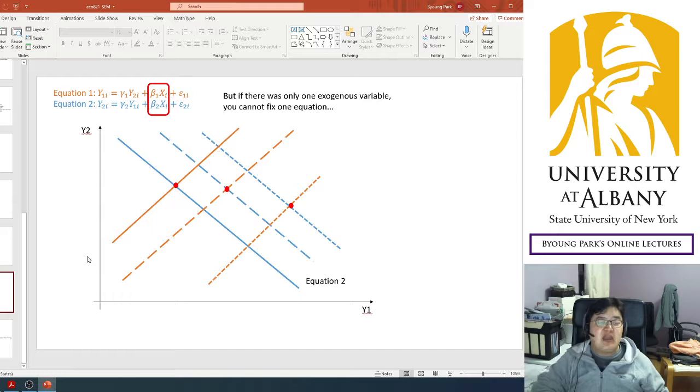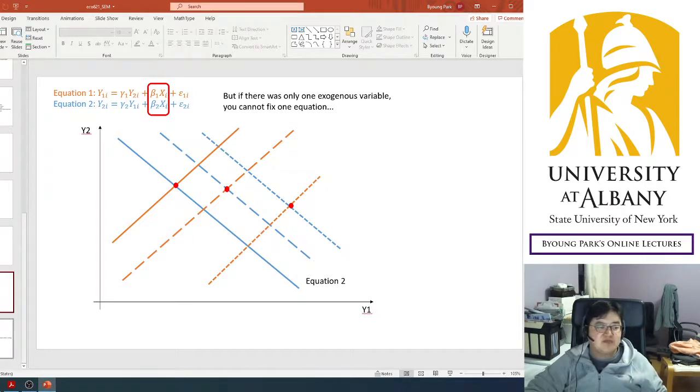But if there is an exogenous variable that appears at the same time in both equations, it does not work because you cannot fix one and move the other. When you change x, both move at the same time, and then the same problem arises. Equation 1 and equation 2 move at the same time, so it does not identify either equation.